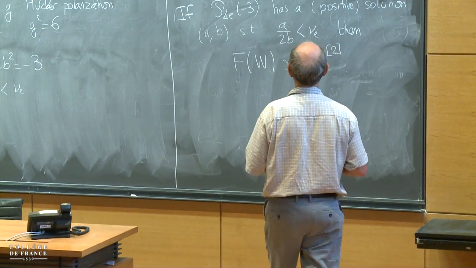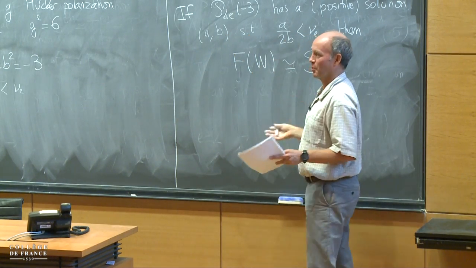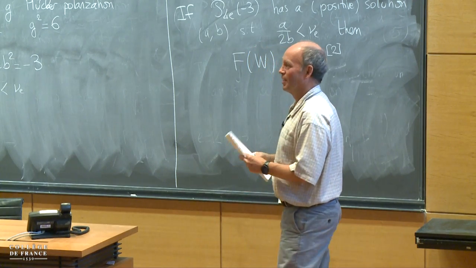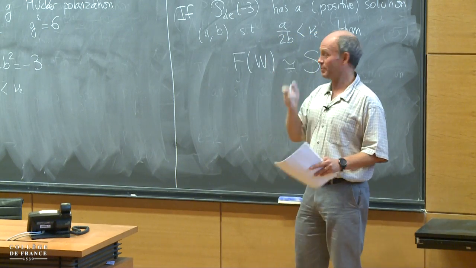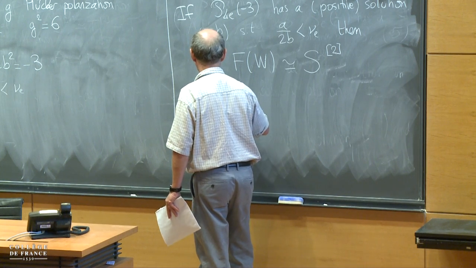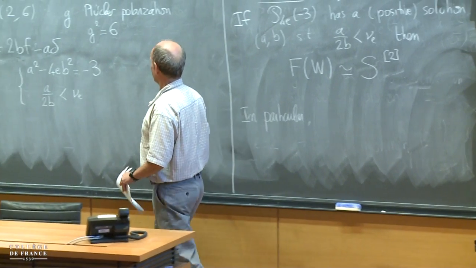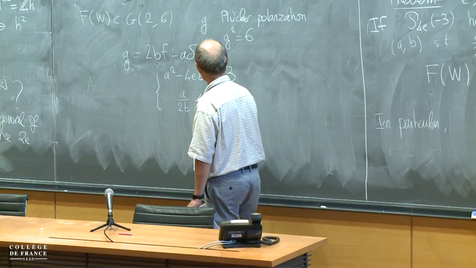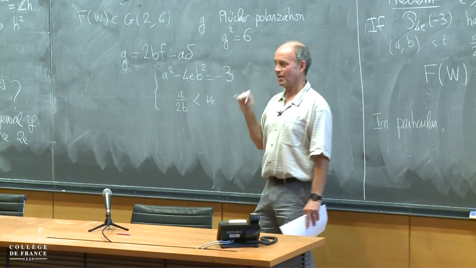So this is a natural condition if you look at it this way, but if you work out the numbers, apart from solving the equations, you have no way to tell whether this inequality will be true. In particular, there is one way to ensure that this equation has a solution. You impose B is equal to 1, and then you have 4E is equal to A squared plus 3.